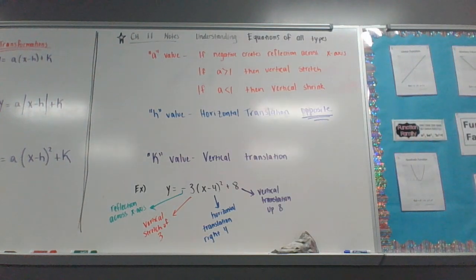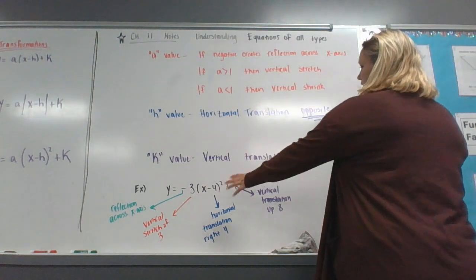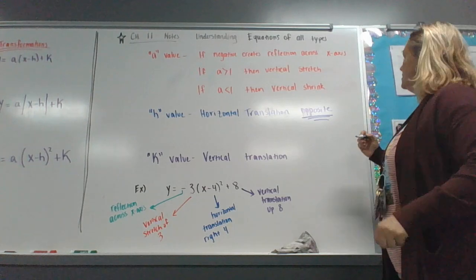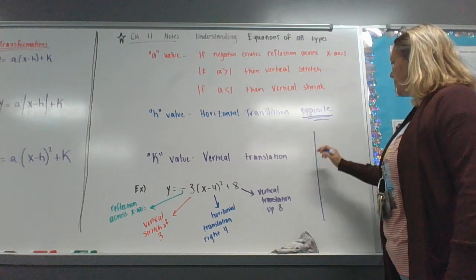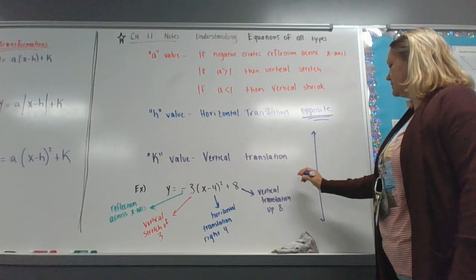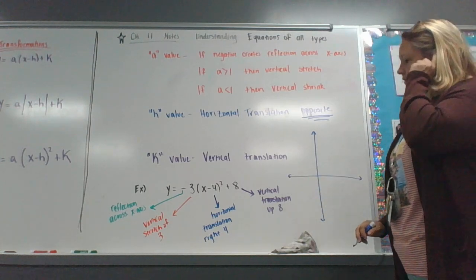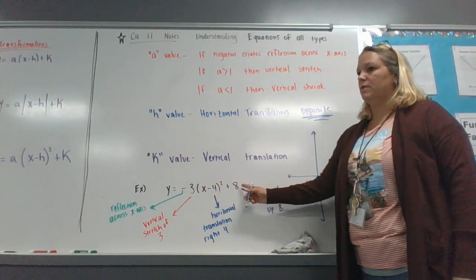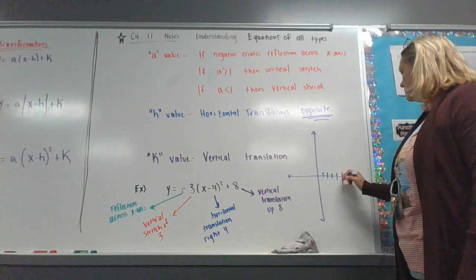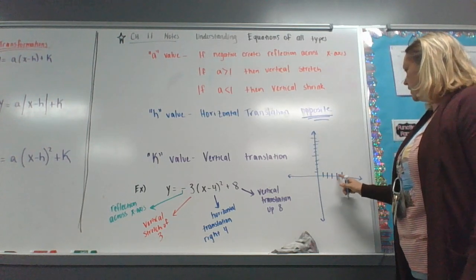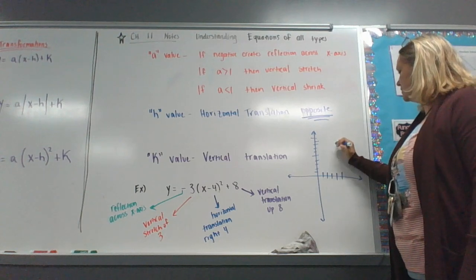So without making a table, right now my brain is seeing this parabola. I'll do a quick sketch of what I see, right? First off, I know it's right 4 and up 8. So I'm going to go right 4, up 8, and there's the vertex.